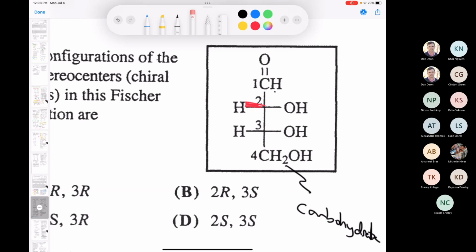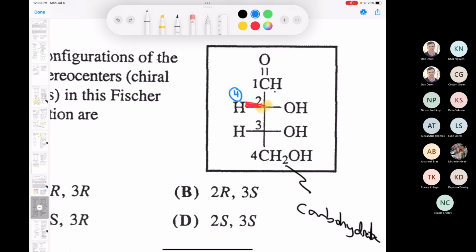If I'm trying to evaluate the stereochemistry of stereocenter 2, since a hydrogen has the lowest atomic number and it's horizontal, whatever I get, whether I'm going clockwise or counterclockwise, I'm going to reverse it because my lowest priority group is coming out towards me.